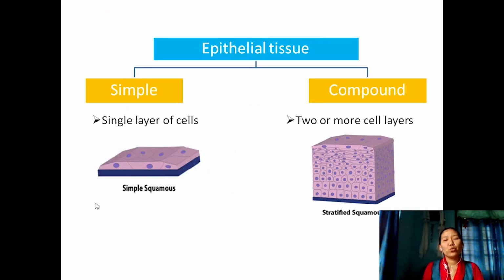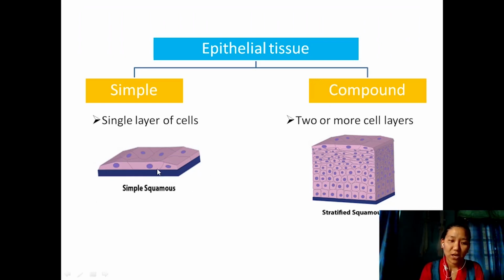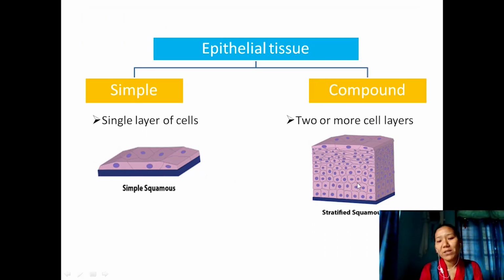This tissue can come in a single layer, or it can be of multiple layers, that is two or more layers. If it is a single layered tissue, we call it simple epithelial tissue.